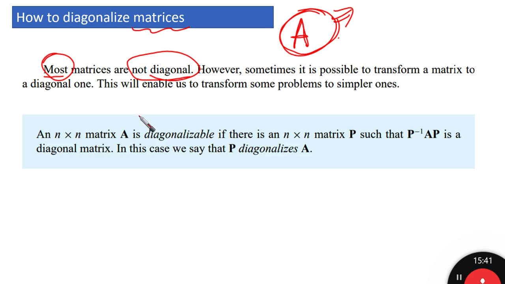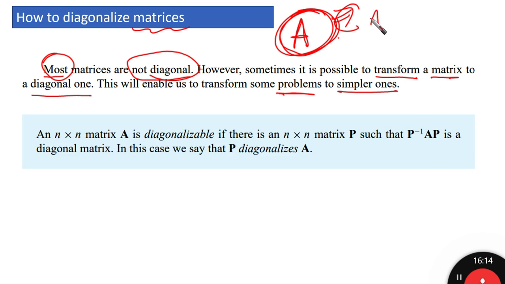That most matrices, the majority of matrices, are not diagonal. However, sometimes it is possible to transform a matrix to a diagonal one. There is a way to transform the matrix to a diagonal one. This will enable us to transform some problems to simpler ones. And this is the key: if we could tell that we can transform this matrix to be a diagonal matrix, everything is going to be easy for us.